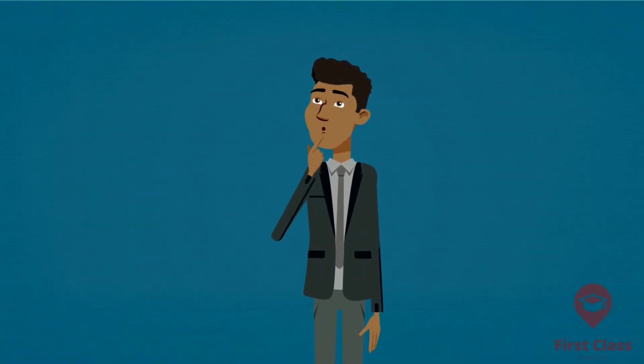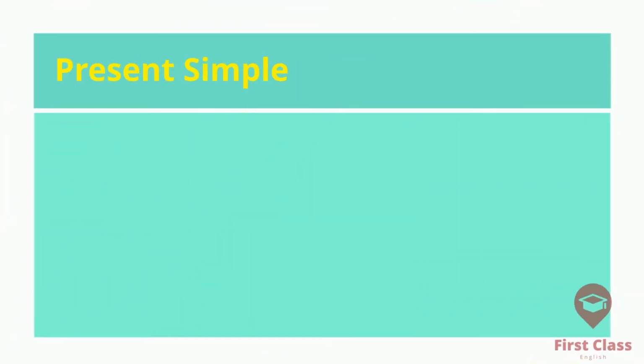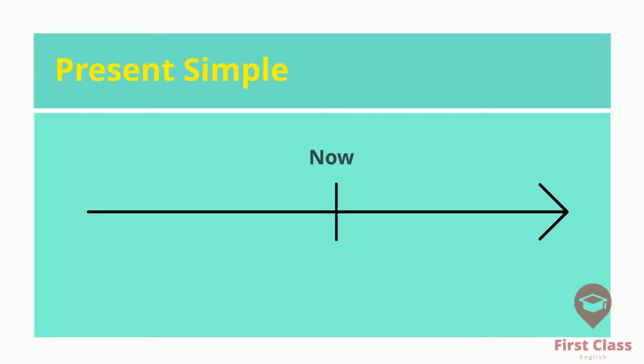So when do we use the present simple, and how do we use it? We use it to talk about repeated actions. This can include true statements or facts, habits or routines that we do, or permanent situations.